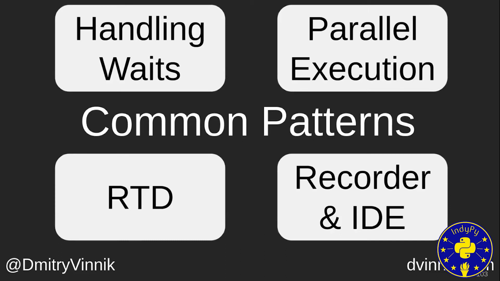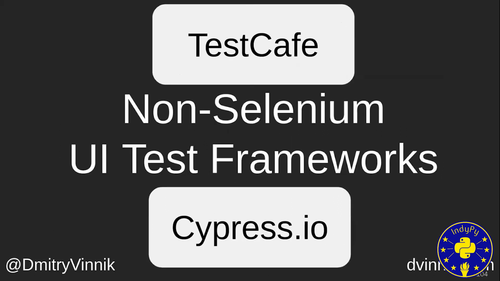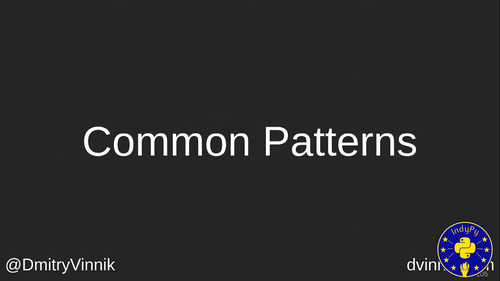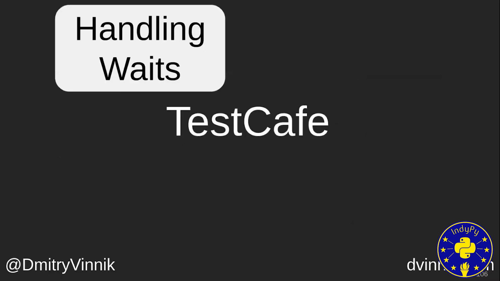And because so many teams, as I've shown you before with those anti-patterns, still have manual testers in place, how do you transition them slowly and give them tools to do automation as well? Recorders where you press and replay certain actions are extremely useful in that case. So TestCafe in particular, in terms of patterns, how does it handle waits?